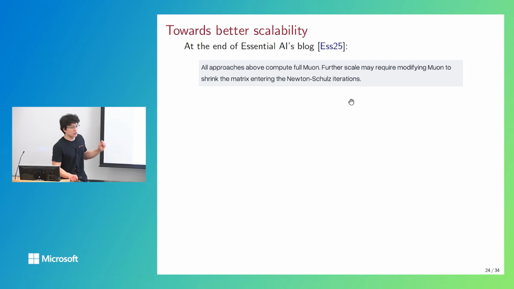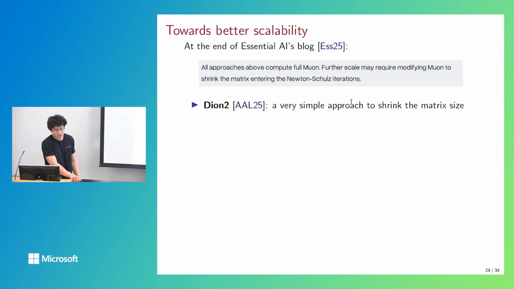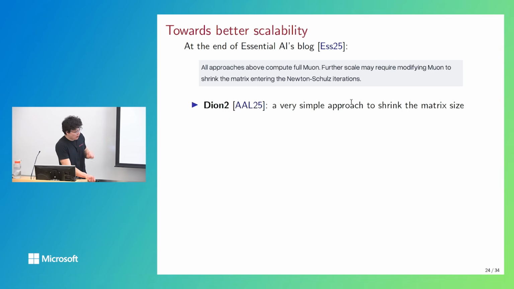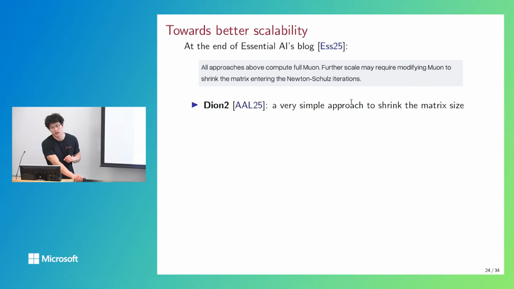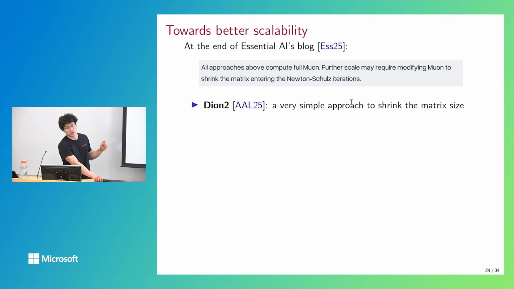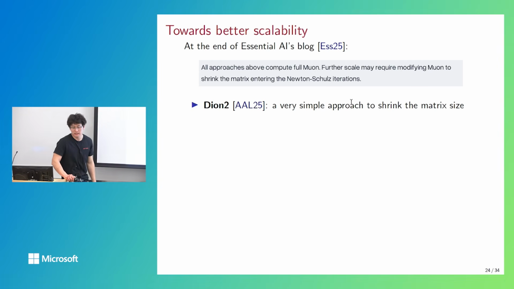But in the end, we really need to be able to shrink the matrix size that goes into this Newton-Schulz subroutine, in order to further scale up this idea. That's precisely where our work, Dion, and actually Dion 2, the newer version, lies in. It's a very simple approach to shrink the matrix size in this mu1 routine.